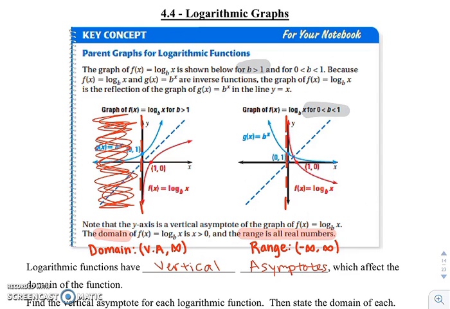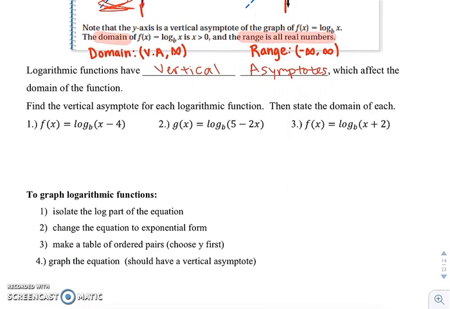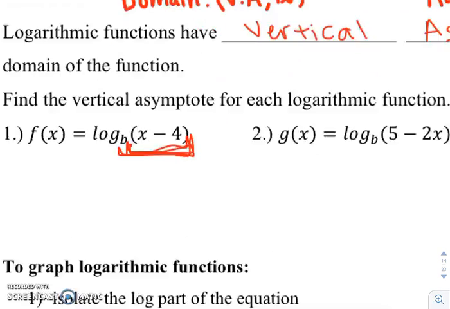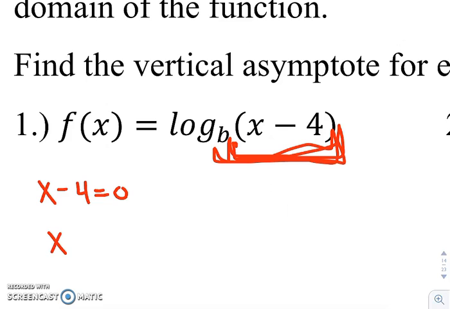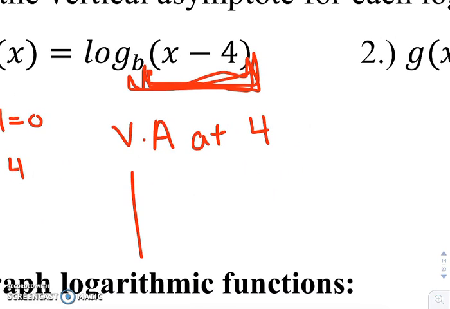So how do we find the vertical asymptote? The vertical asymptote is found by solving for the argument, the big part in parentheses of your log. If you solve x minus 4 equal to 0, x would be 4. So you would have a vertical asymptote at positive 4, which would be over here.